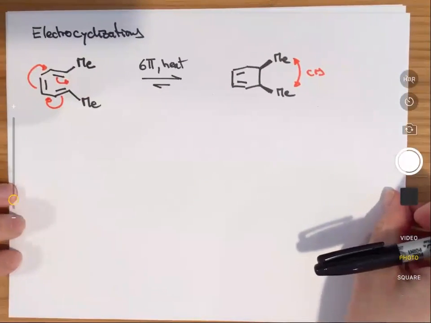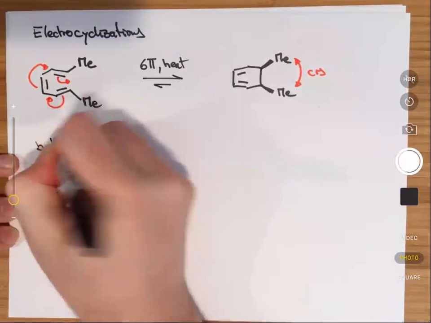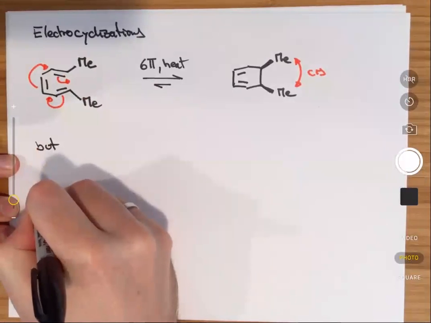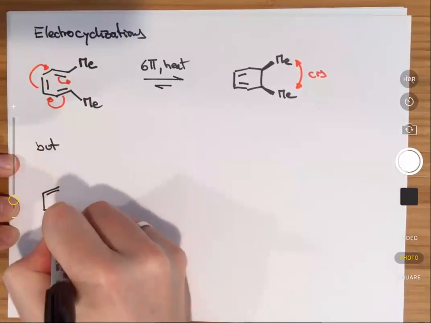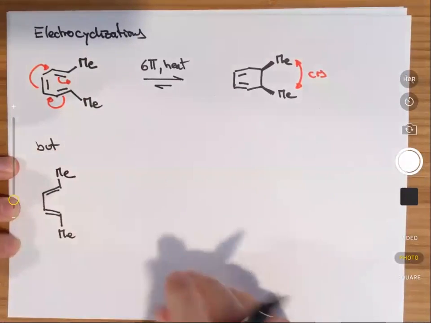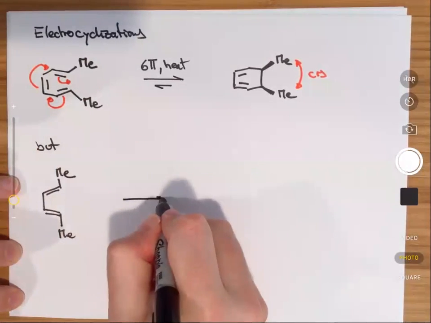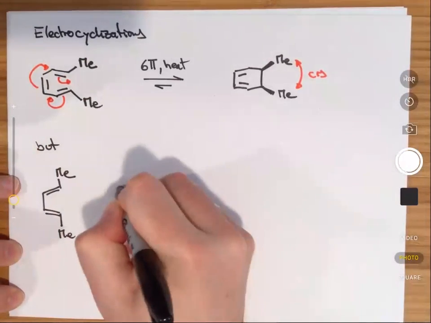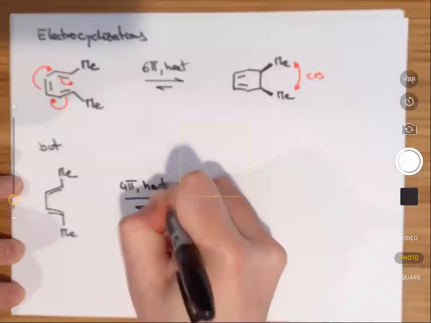So if we start looking into other examples, let's say we truncate the system a little bit and we just look at a butadiene derivative, again with 2 methyl groups here. And we do the same thing. So this time it's a 4 pi system, and I just apply heat to this.